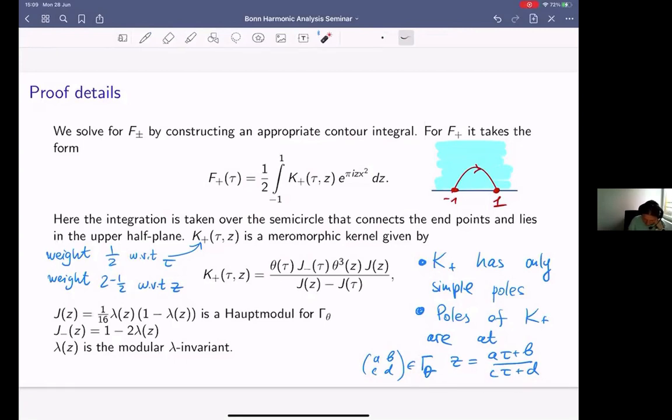Also important is that the residues at all these poles are constant. For example, I'm not sure about the normalization, but for example it's 1. The residue at z equal to this has to be 1. Maybe let's just say some constant.